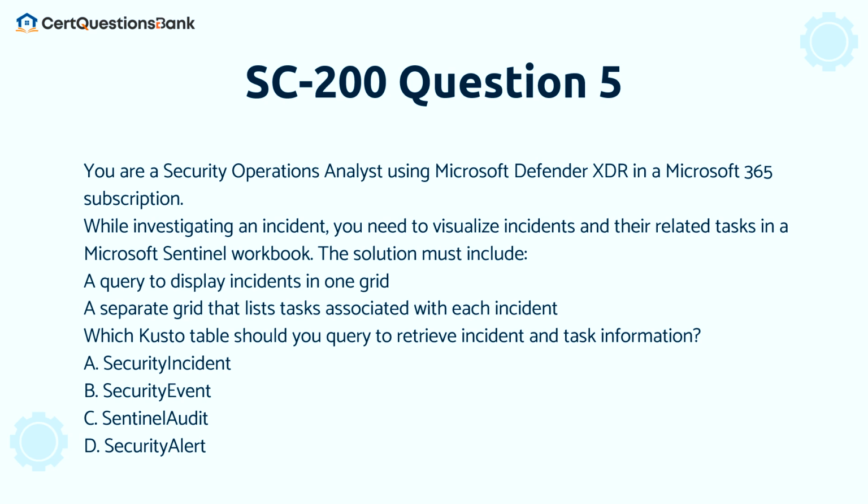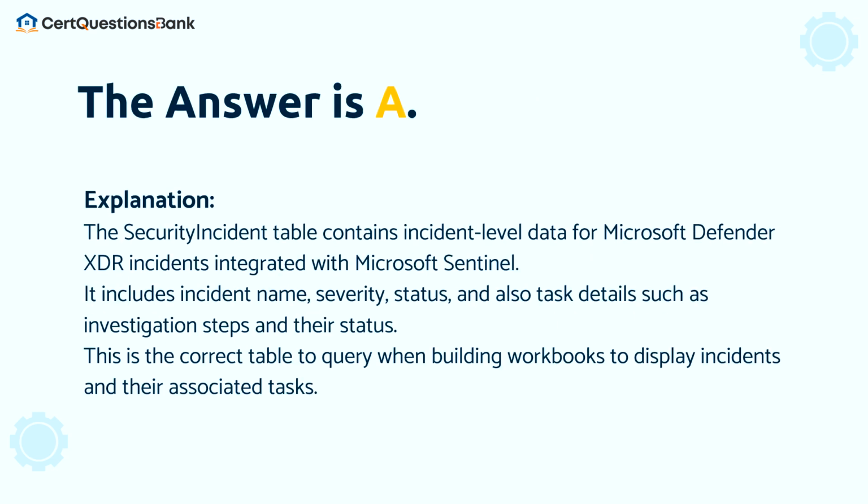The solution must include a query to display incidents in one grid, and a separate grid that lists tasks associated with each incident. Which custom table should you query to retrieve incident and task information? A. Security incident. B. Security event. C. Sentinel audit. D. Security alert. The answer is A.